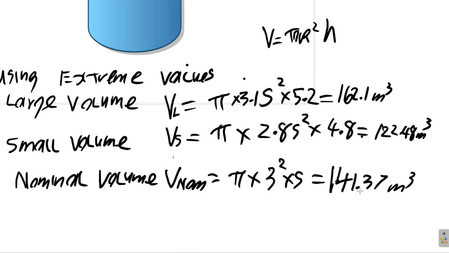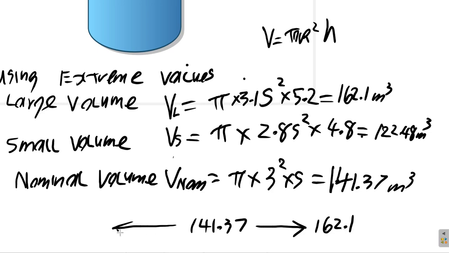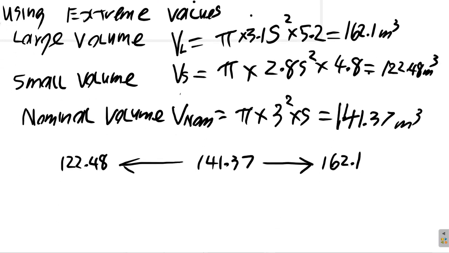So you have 141.37 in the middle. It can go as high as 162.1 or as low as 122.48. So you have a difference of 141.37 minus 122.48, that's call it 18.9.